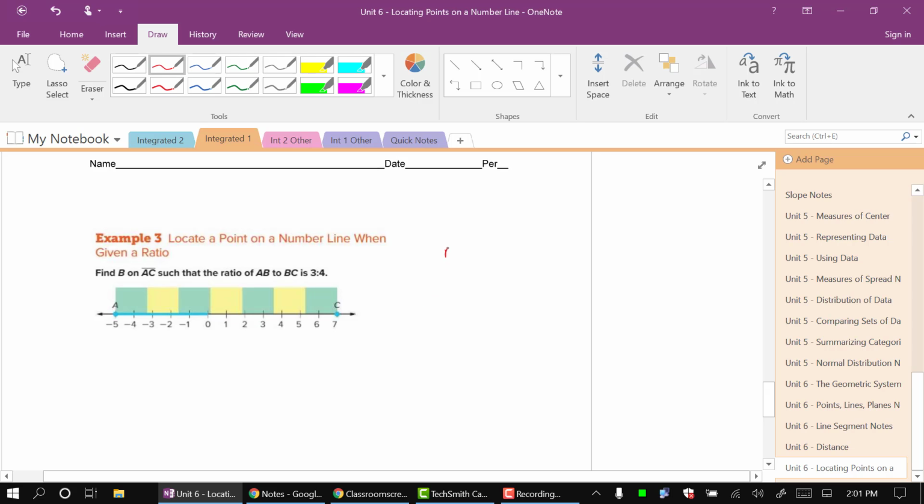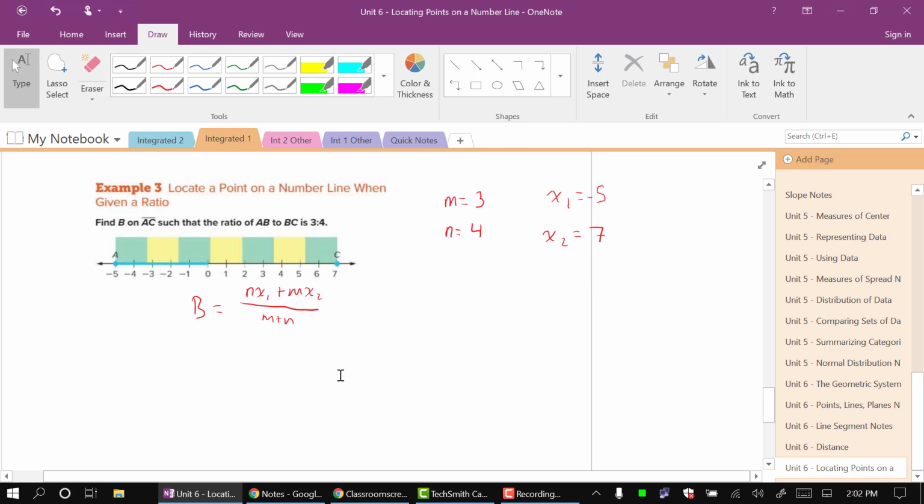So whatever this ratio is, we want it to be 3/4. Again, it's m to n that is the ratio. That means our m is 3, our n is 4. Our x1 is -5. Our x2 is 7. So our formula to find our B value is n x1 plus m x2 over m plus n.